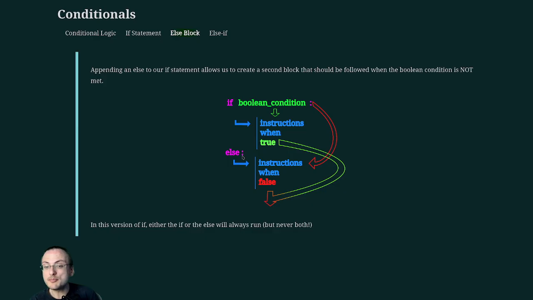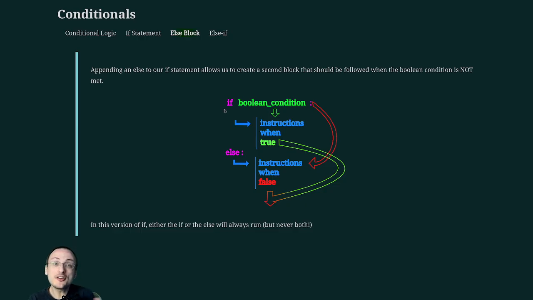In Python, we put a colon after it to say, yep, this is the end of the expression. And then with an else, we put a second indented block of instructions. And this word else behaves pretty similarly to the way that we use it in normal communication, in regular language.